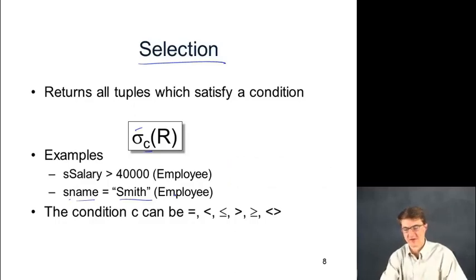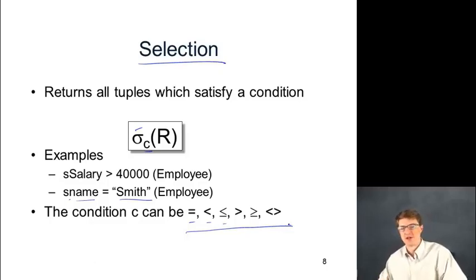The condition C can involve equals, less than, greater than, and so on, but it can be more than this. It can be any sort of Boolean expression. In fact, as we'll see in a segment or two, it can be any arbitrary function that returns a Boolean value. So it doesn't have to be just a less than b or a equals b; it could be some complicated function.